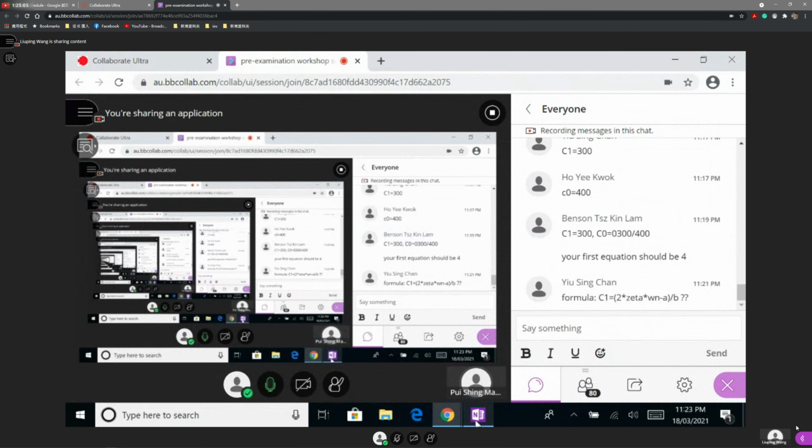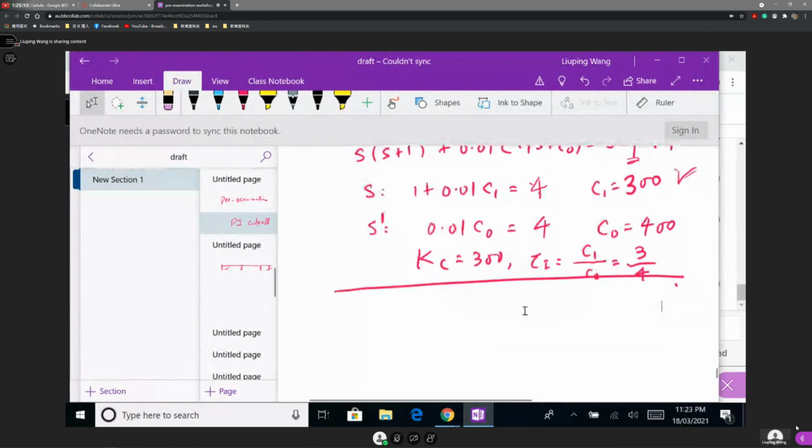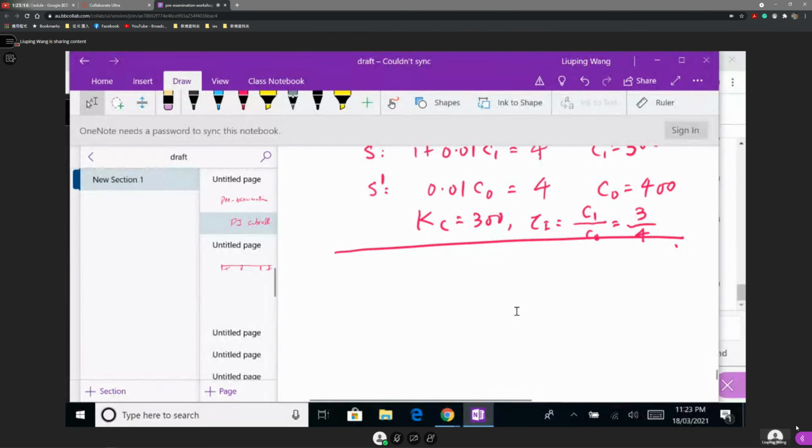Yeah, very good. Okay, so that's a PI, right? So now let's do PID controllers. Okay, so this is the ideal PID controller.